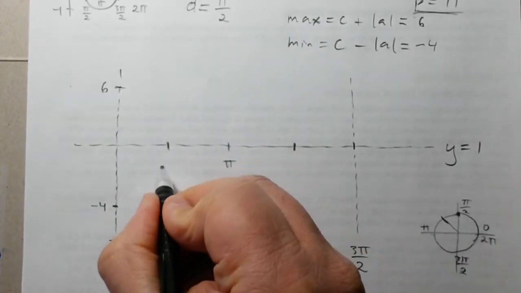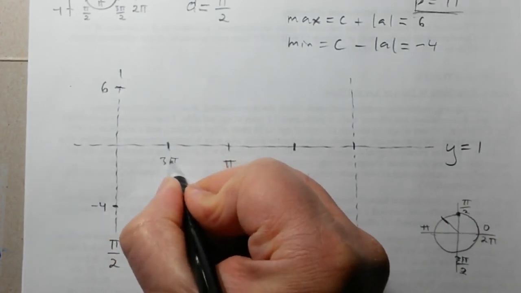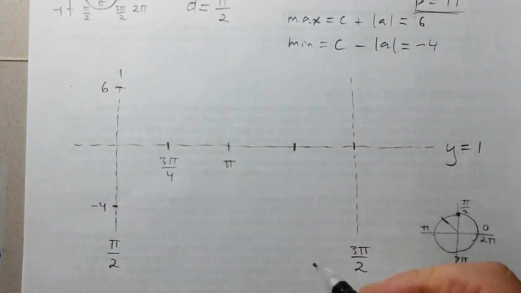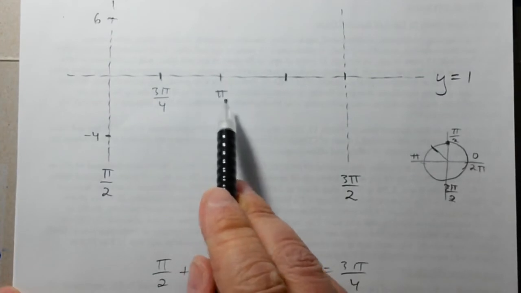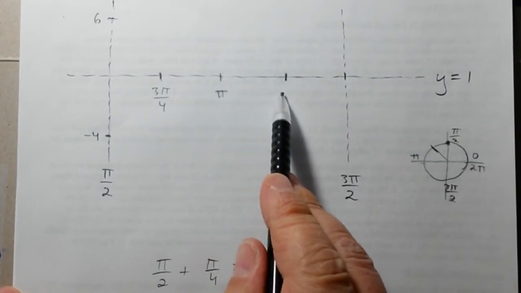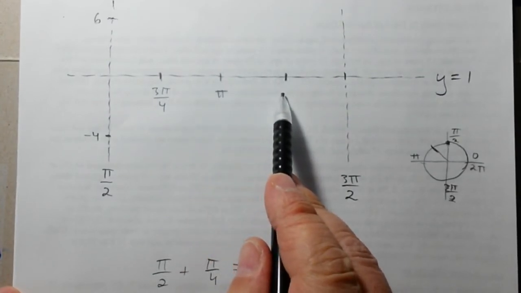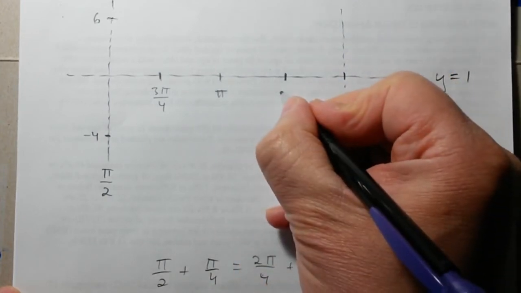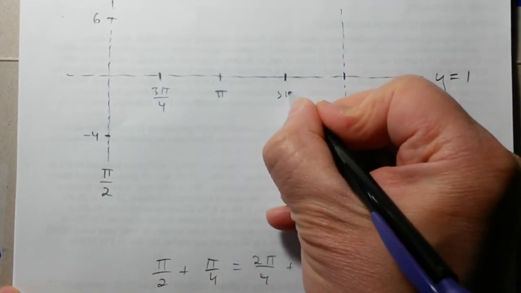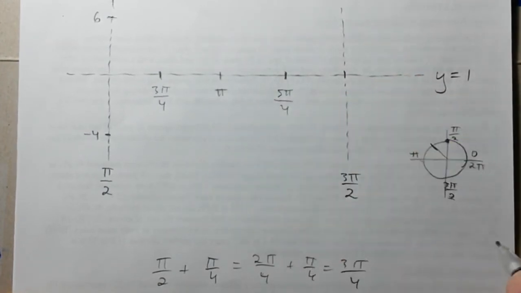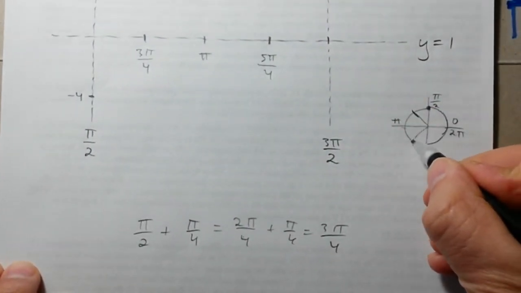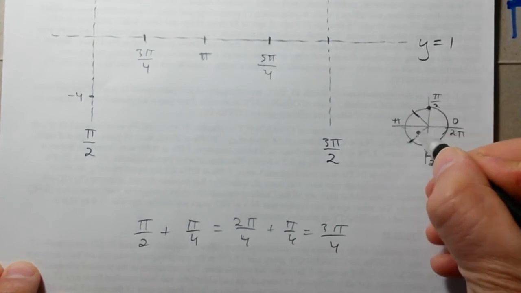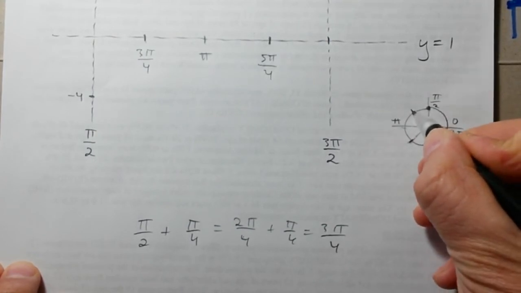Okay, so over here we have 3 pi over 4. And what about here? Plus another pi over 4. That's going to give us 5 pi over 4, if I'm not mistaken. And if we're not sure, basically we're landing there, right? That will be our 5 pi over 4, and this will be our 3 pi over 4.